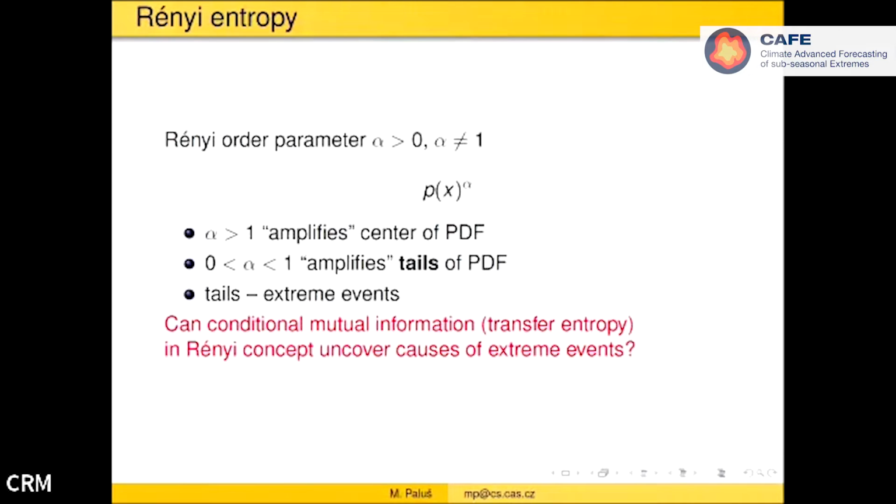So we can ask whether taking the power of a probability distribution can amplify a particular part of the distribution. Can the reformulation of the transfer entropy or conditional mutual information in the Rényi concept help to identify, if we have several causing variables, which of them is responsible for extreme events?